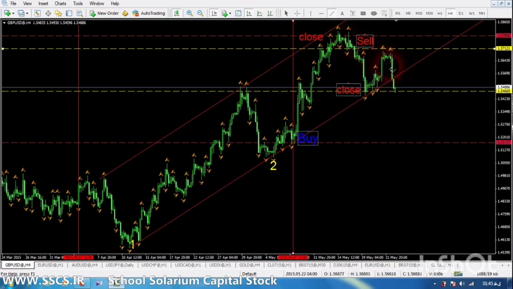So when we have a downtrend here, we have two swing highs at the top of the market. So I will connect this swing high to the lower one.